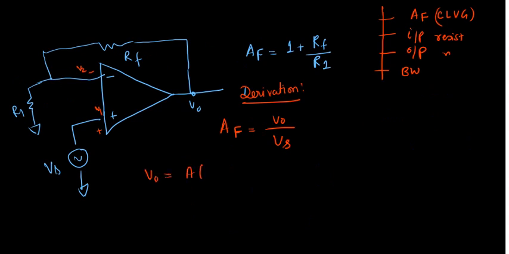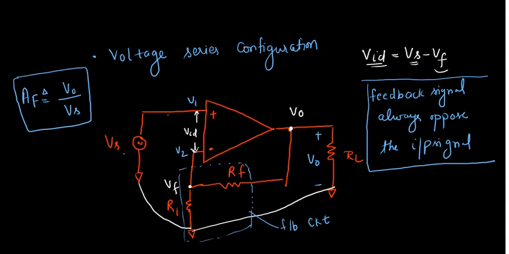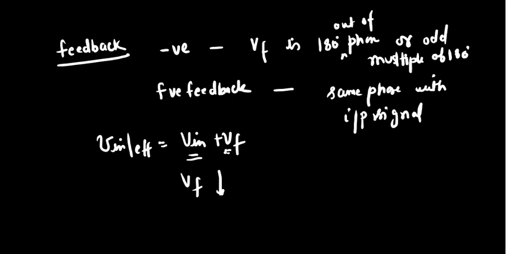It is A times (V1 minus V2), where A is your open loop gain. Correct? See, this is nothing but this. Whatever VID you get, it will amplify it, A times VID, and this is your R naught, right? Do you agree? Inside, if you see the equivalent circuit, I drew an equivalent circuit.